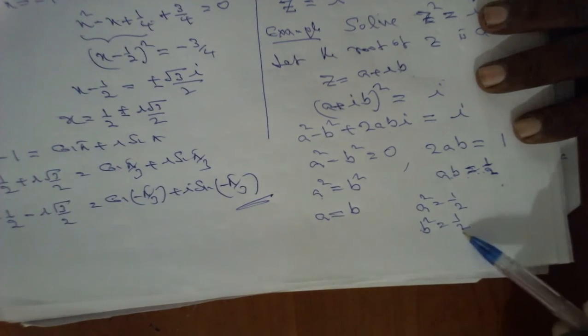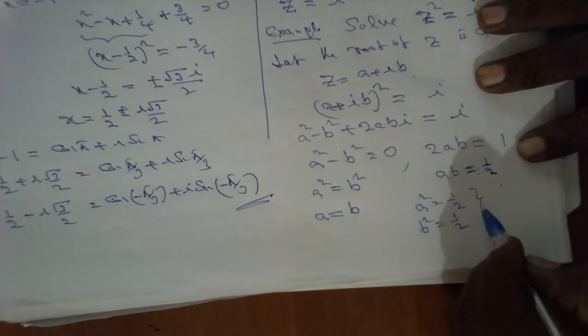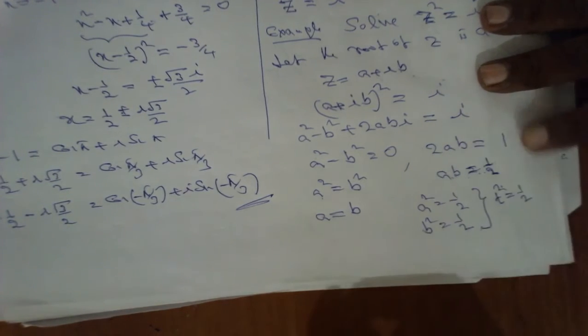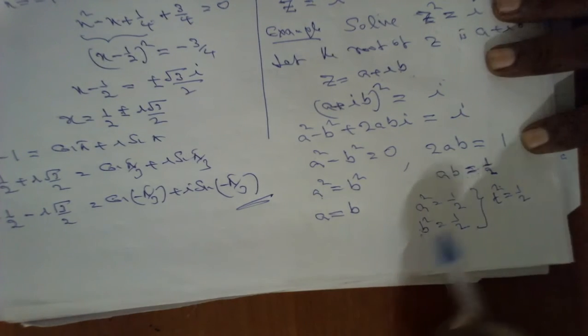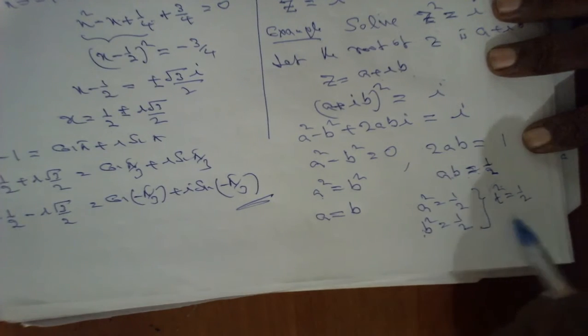Same equation. Why? Because both a and b satisfy this equation, t squared equals half. That means a and b are roots of this equation.